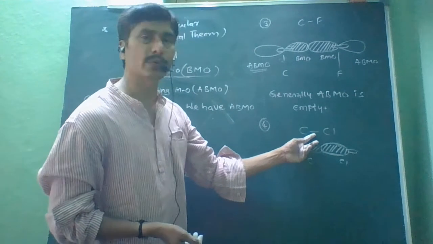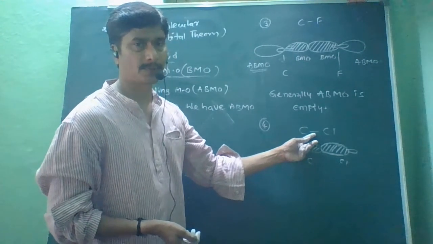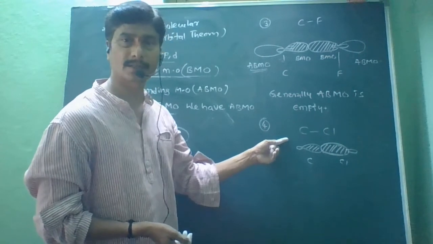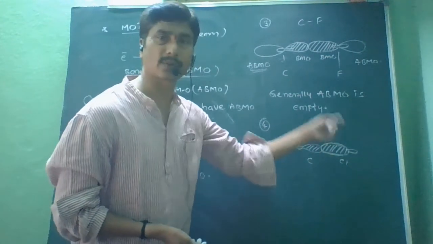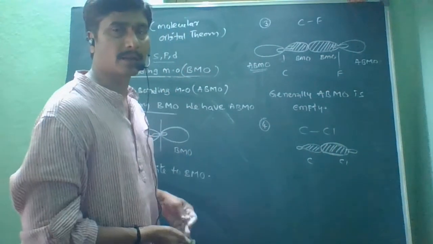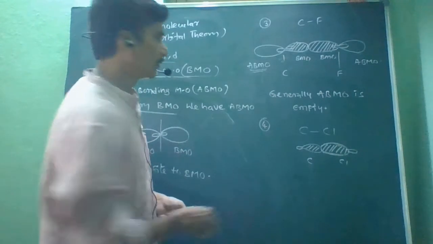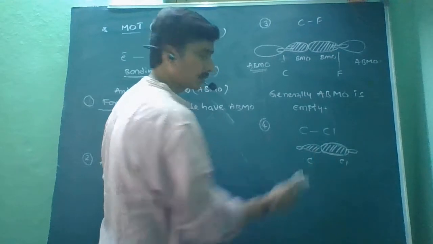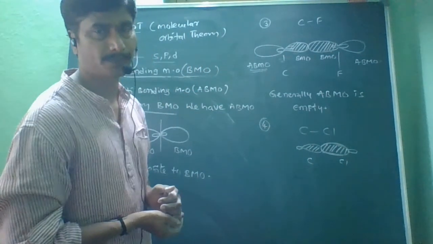It contains only 2 electrons. With these 2 electrons, carbon and chlorine each complete their octet in the valence shell.